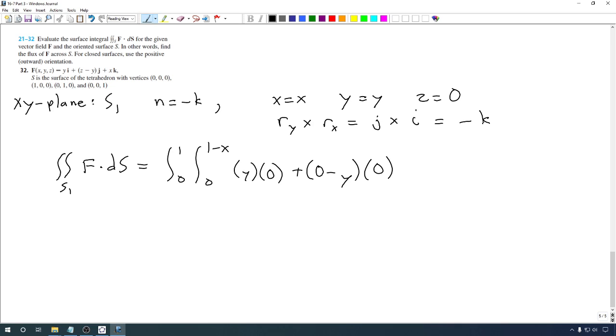But still, the j component of our normal vector is 0, so that didn't really matter either. Finally, we have x as our third component, dotted with our third component here, which is actually negative 1. So we're integrating this thing, dy dx. Of course, we're just really looking at the integral from 0 to 1, 0 to 1 minus x of negative x dy dx.